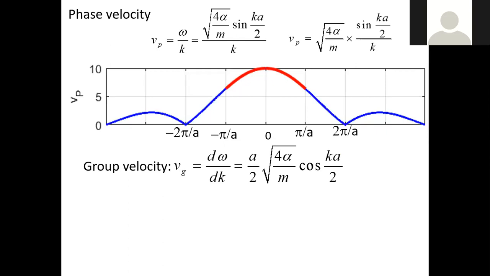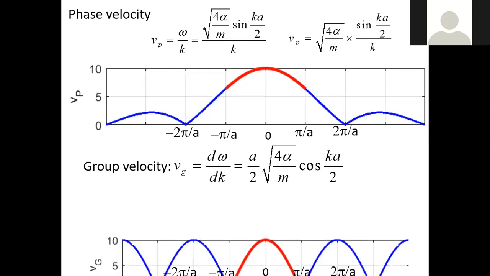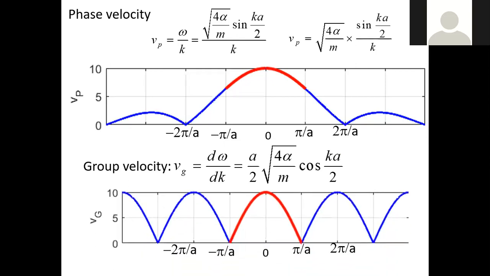But here we get a perfect cosine of a sub angle, so it is not diminishing like this. In that case, we expect that the variation of group velocity will be something like this. You see that at each and every position, the amplitude of the variation of group velocity is constant, and that is given by a by 2 square root 4 alpha by m. So this is group velocity.